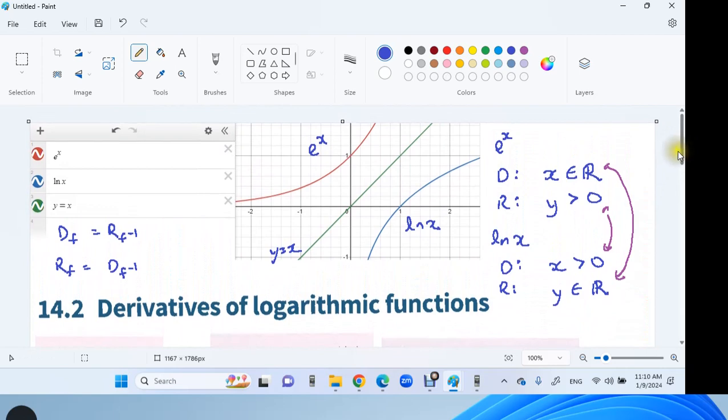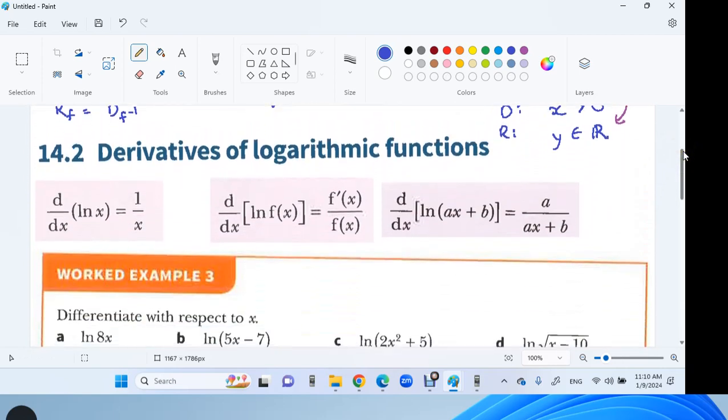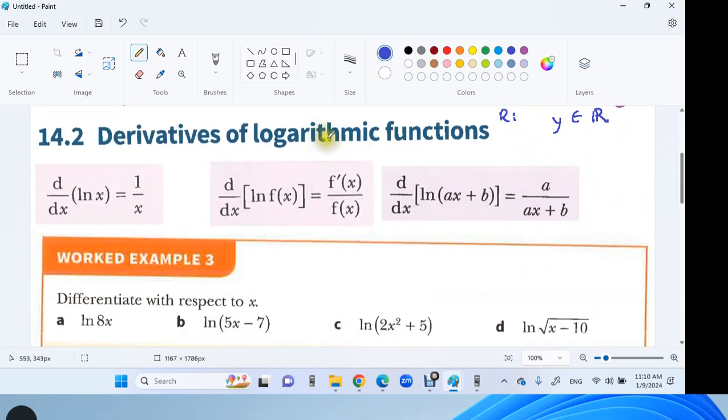So this is ln, and now we want to find the derivative of log function, that is ln function. So when we differentiate ln x, it will become 1 over x. When we differentiate ln of a function f(x), what we will have is 1 over the function f(x) multiplied with the f prime x.